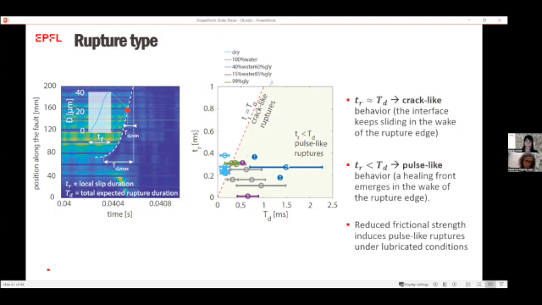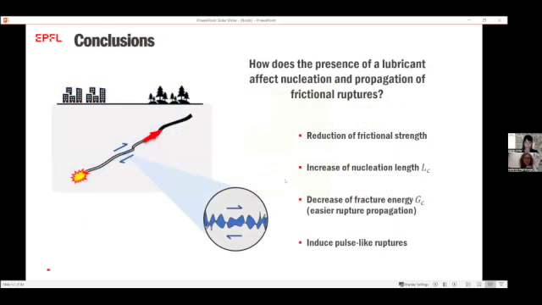And they all fall, or most of them fall, in the domain for which the rise time is lower than the duration time, indicating that probably these ruptures occurred under pulse-like mode. And so this was the last observation, the last conclusion of this work.